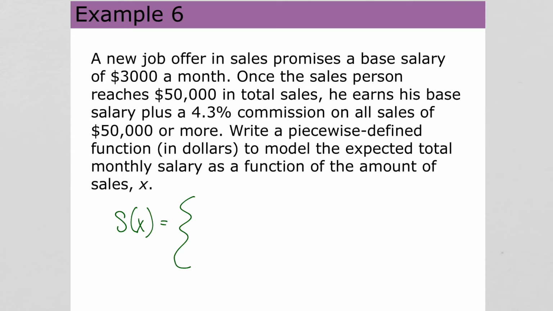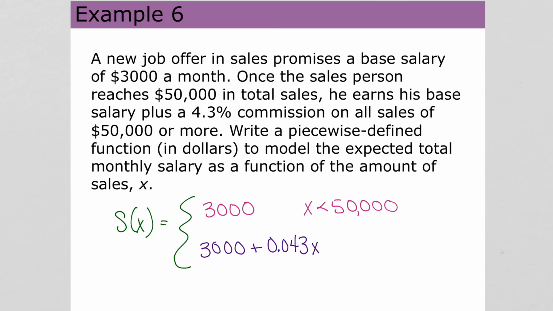Well, his salary is $3,000 if he has less than $50,000 in sales, right? His salary is $3,000 plus 4.3% or 0.043 x if he sells equal to or greater than $50,000.